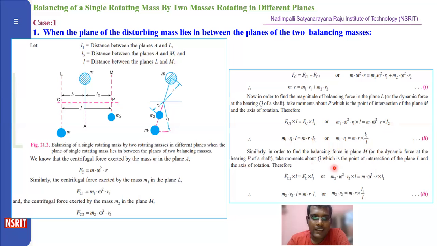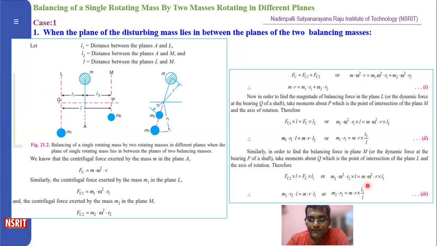Similarly, in order to find the balancing force in plane M, take moments about Q. Fc2, in plane M for mass M2, into total distance L, is equal to Fc for mass M into L1, since we are taking moments about point Q. Fc2 means M2 omega square R2 into L is equal to m r omega square into L1.